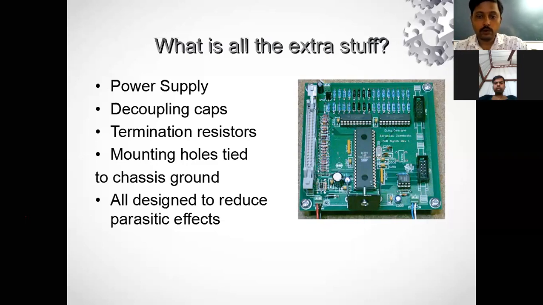So this is also very important, on which part you are going to mount this particular PCB. For that reason, parasitic effect should be reduced. So this is how a PCB is designed. You can see the complete procedure of PCB in the video that I have provided.